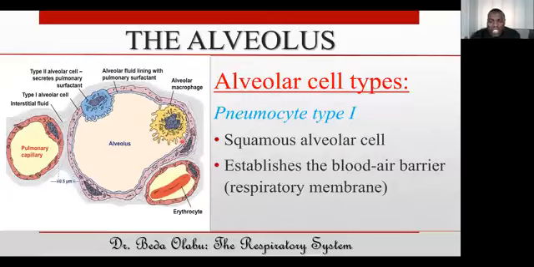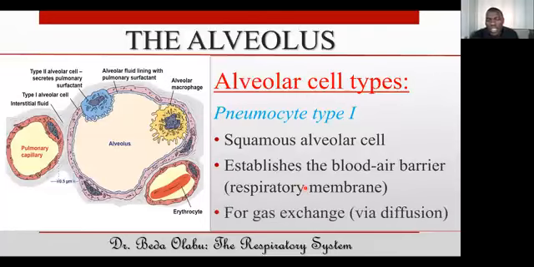These cells establish the barrier between blood and air. They constitute what we call the respiratory membrane that we'll be talking about shortly. So pneumocyte type 1 are the cells responsible for gas exchange, because the gases diffuse through the cytoplasm of pneumocyte type 1.